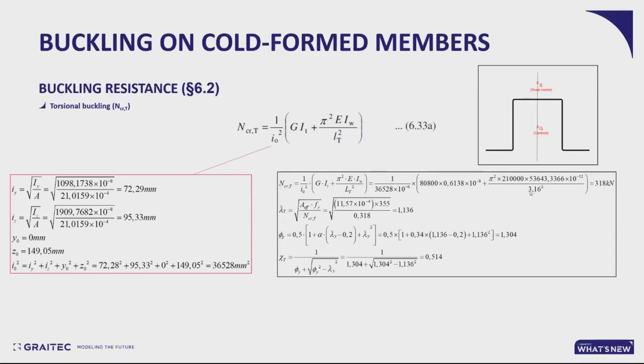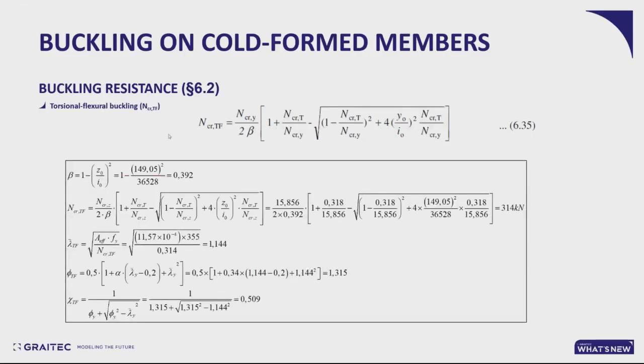This is the 3.16 meters that we've defined on the model. So you've got, again, a relative slenderness, a phi coefficient, and a buckling factor, which is way lower there. We've got almost a 50% reduction on the resistance.